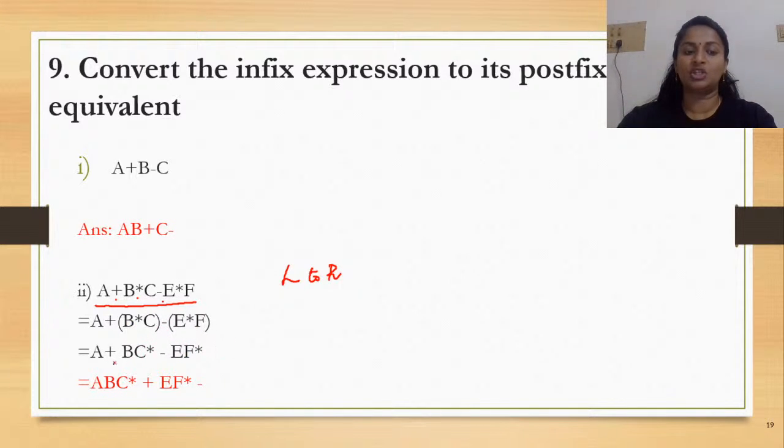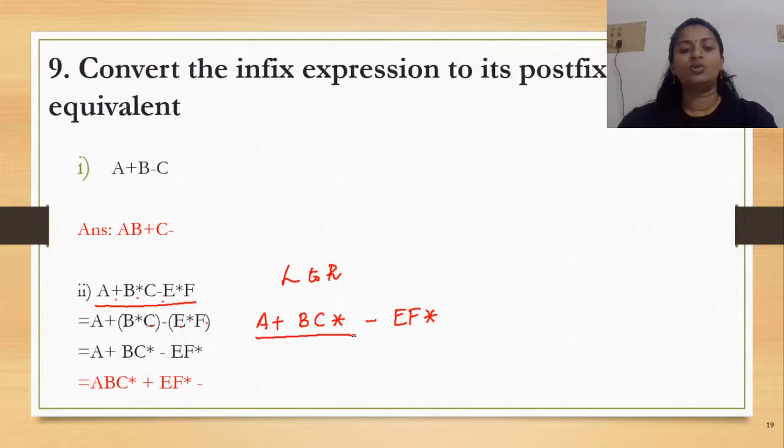So how would your expression look like? A plus B asterisk C, when converted to postfix, would be operands followed by the operator: BC asterisk. Minus, when you convert E asterisk F, the operands followed by the operator: EF asterisk, right?